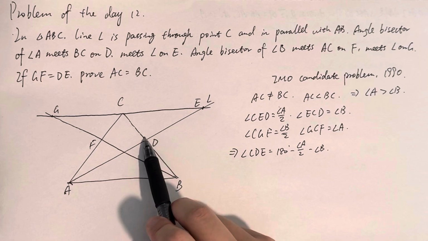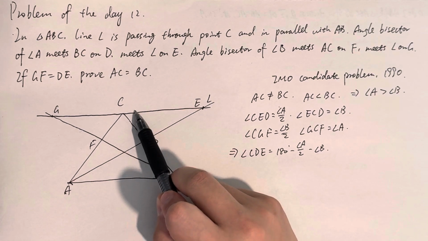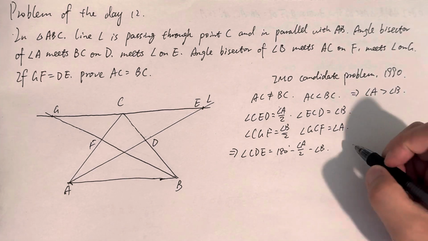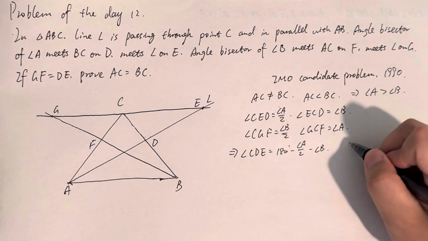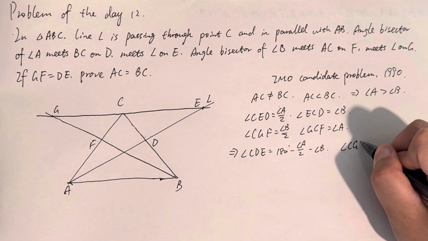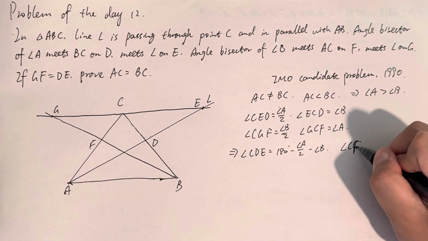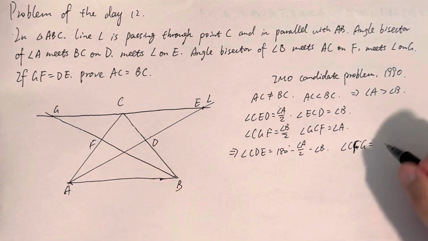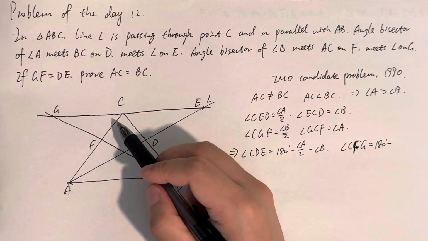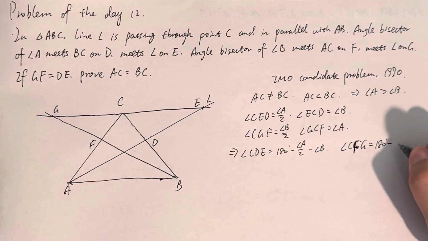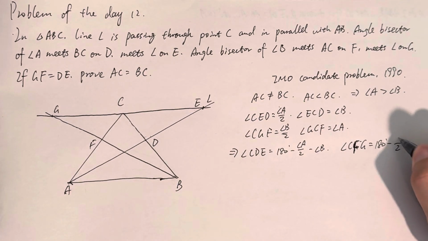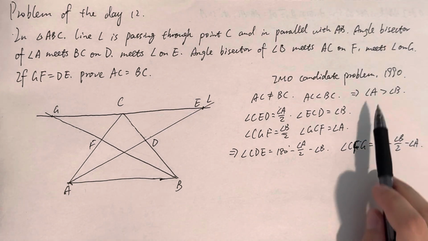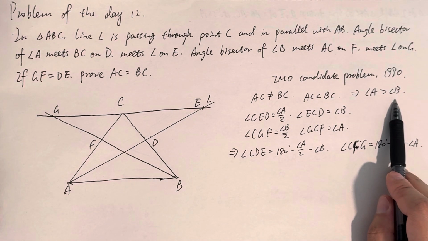Angle CDE, this angle, equals 180 degrees minus this one, which equals angle B, and minus this one, which equals half of angle A. And also angle CFG equals 180 degrees minus this angle, which is angle A, and this angle, which is half of angle B, right? Minus angle A. So we know that angle A is larger than angle B, right?